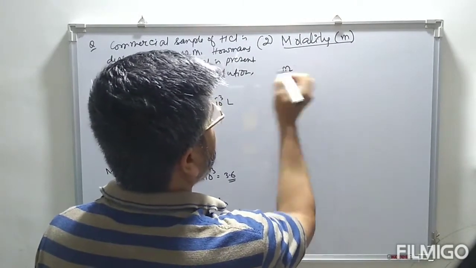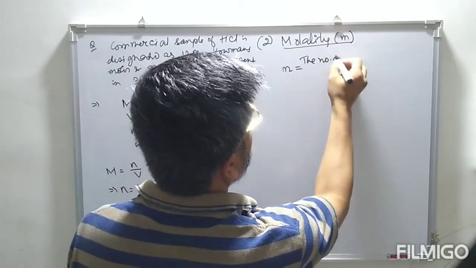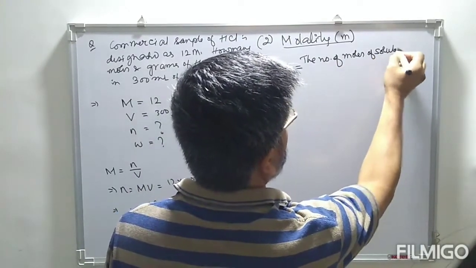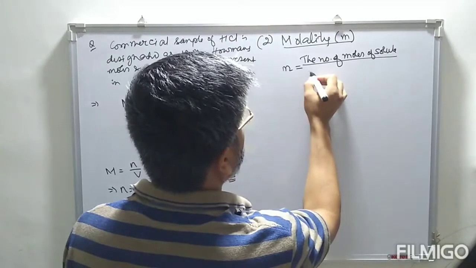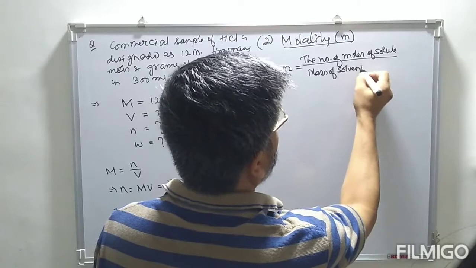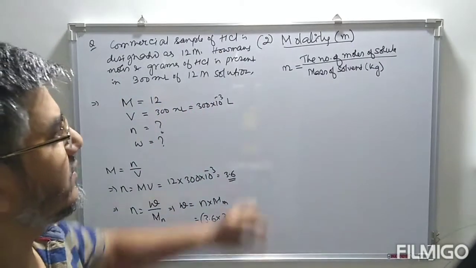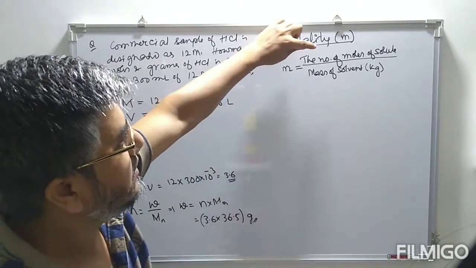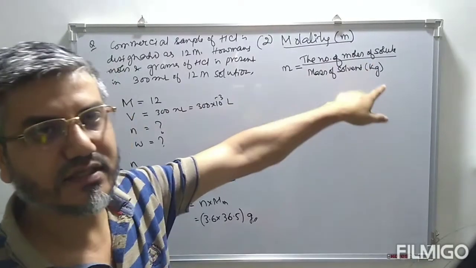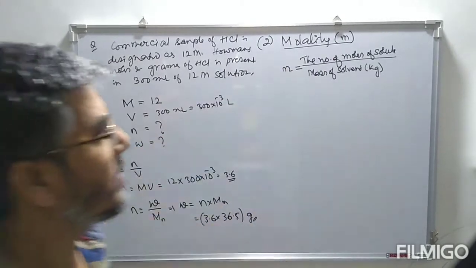This is defined as the number of moles of solute divided by the mass of solvent, and this mass of solvent must be taken in terms of kilogram unit. So moles per kilogram, this is defined as the molality.